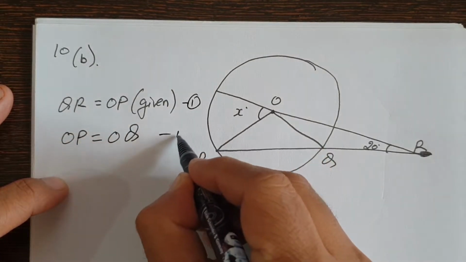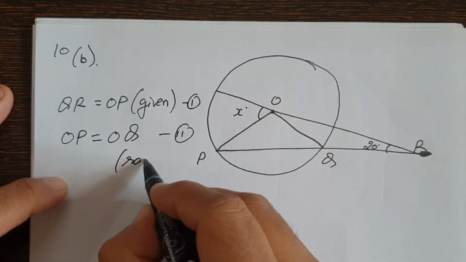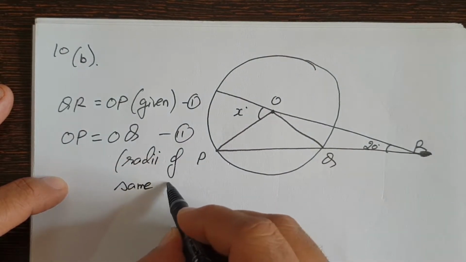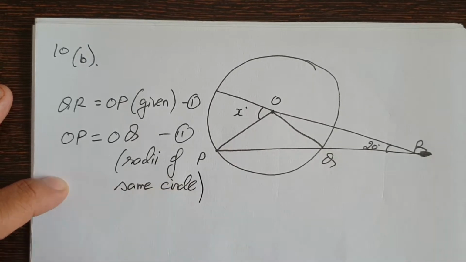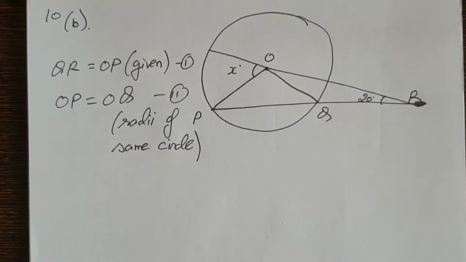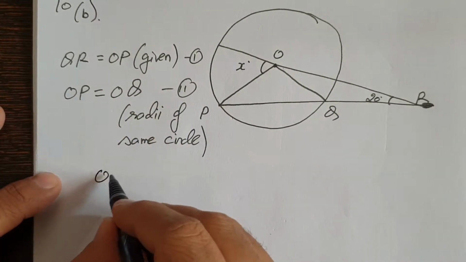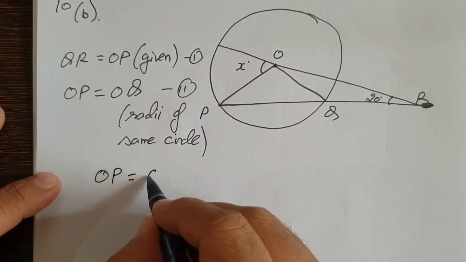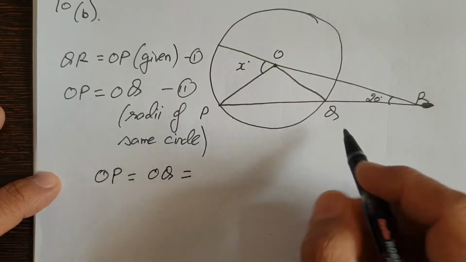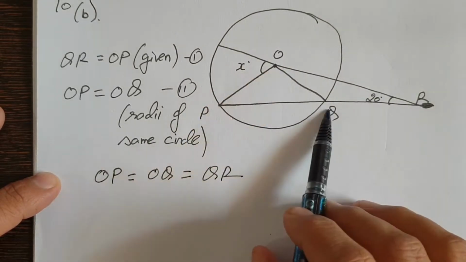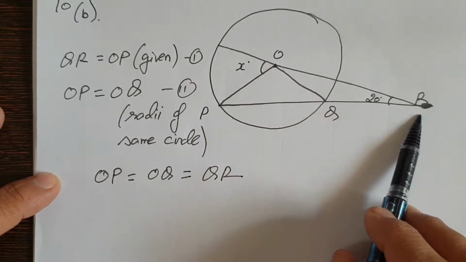This is 1, this is 2, because radii of same circle. So from first and second, we can see OP equals OQ equals QR.